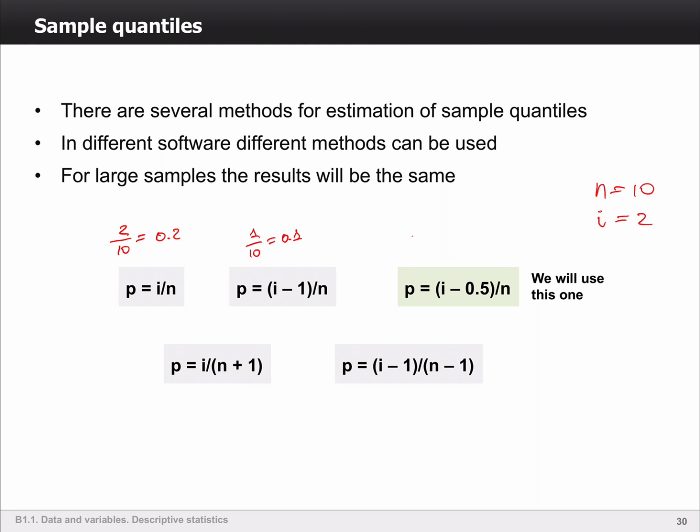In this case, we will have 1.5 divided by 10, which gives us 0.15, which is 15%. Then we can just continue. Here we will have 2 over 11, which is slightly smaller than 0.2. And here we will have 1 over 9, which is slightly larger than 0.1.